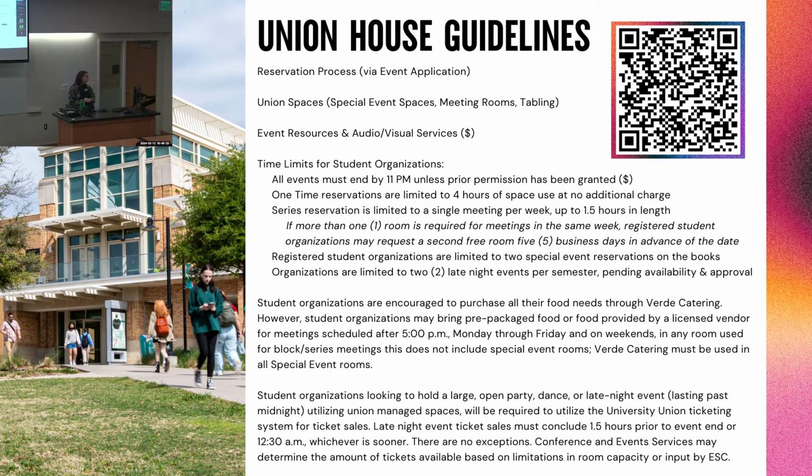In general, organizations are also limited to 2 late night events per semester in the union, pending availability and approval. This is also just to make sure that one organization isn't having a super late night event every single week and requiring the union to have too much staff stay after hours.